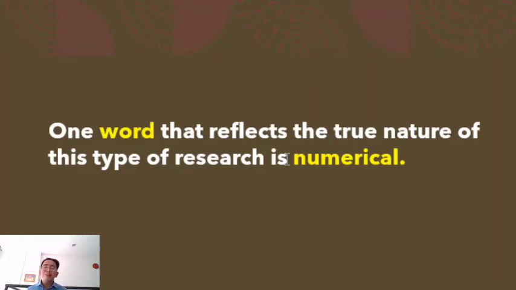Since it is numbers, numbers would actually tell us the meanings of certain details, or the meanings of the ideas we got from our research. So that is how quantitative differs from qualitative research, right?